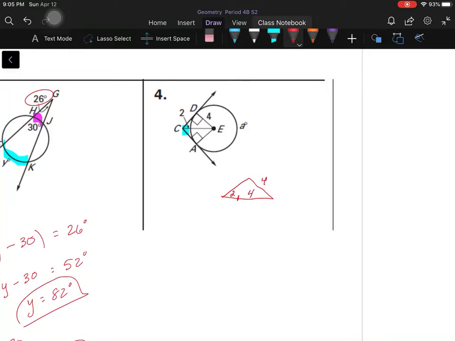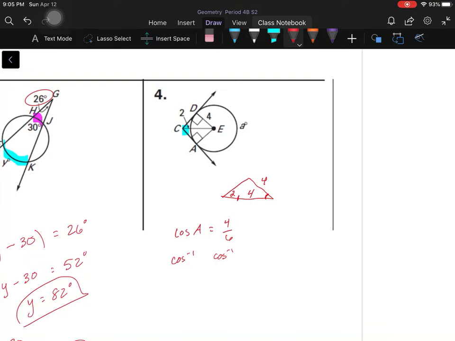And I know that a radius is always the same length in a circle. So again, if I want to find this angle here, I know adjacent and I know hypotenuse. So that's going to be cosine of angle equals 4 divided by 6. So to solve that, we use cosine inverse.